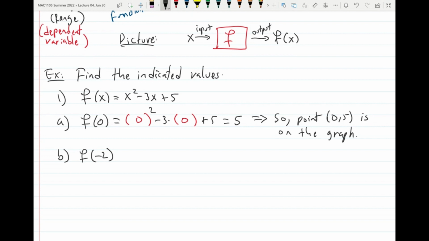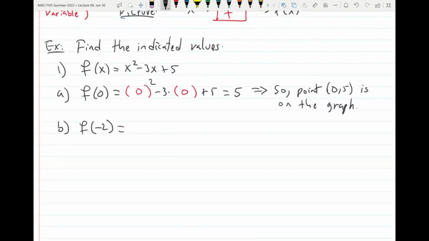All right, so same thing for -2. I'm going to put my parentheses because it's good practice to do so. Okay, so what do we get? We get 4 plus 6 plus 5. So the value is 15.